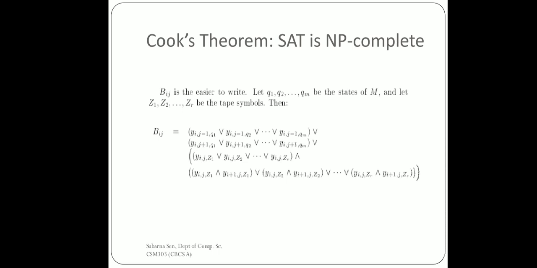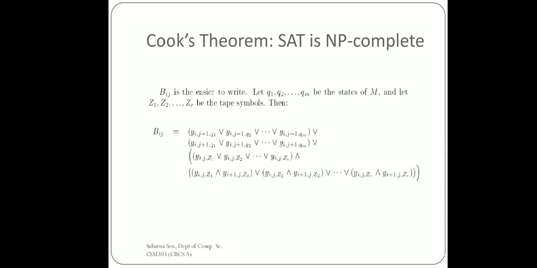One will cover all the IDs with index i, j-1, and the other with i, j+1. These should be ORed with one another, and for xij, since xij has not been considered a state, we are just putting the tape symbols with it, that is z1, z2 for all the ij combinations.